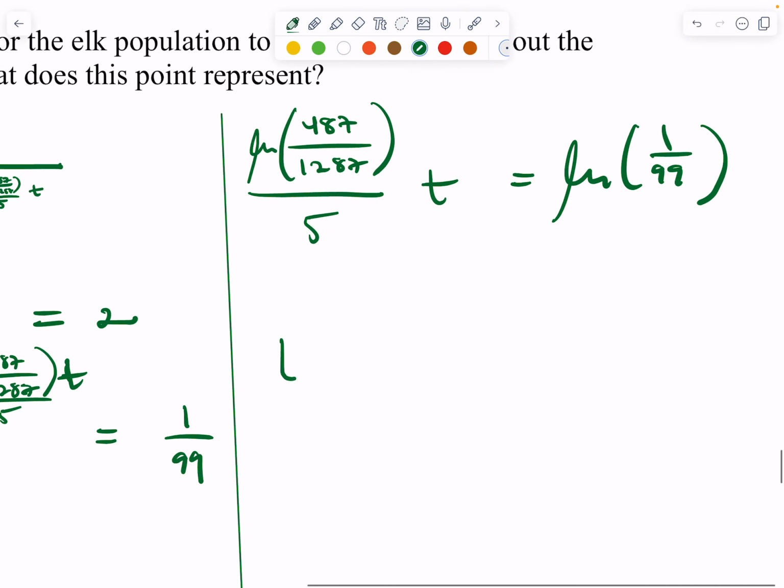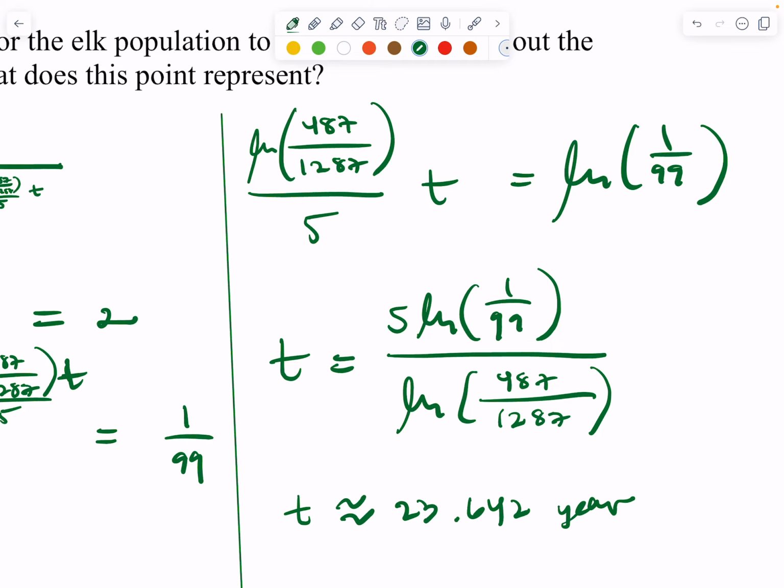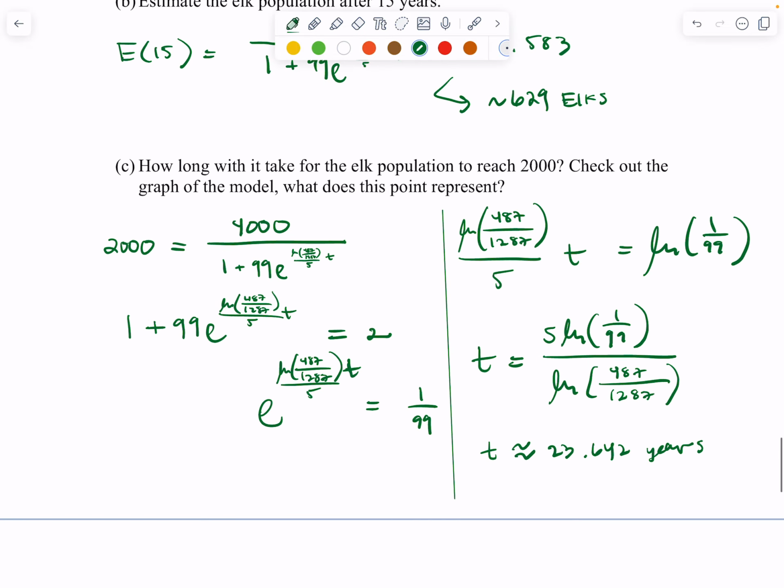So t equals 5 times ln of 1 over 99 divided by ln of 487 over 1,287, which ends up being approximately 23.642 years. So if you want to say approximately like 24 years, but approximately 23.642 years would be how long it would take for the elk population to reach 2,000.